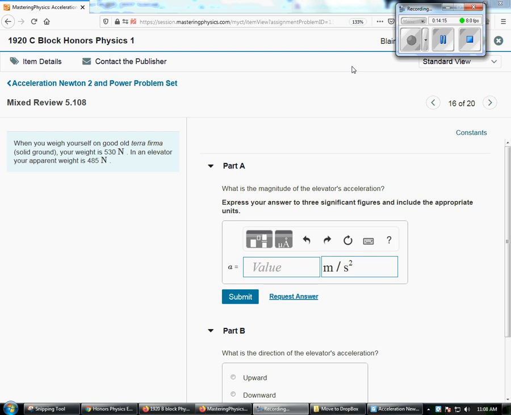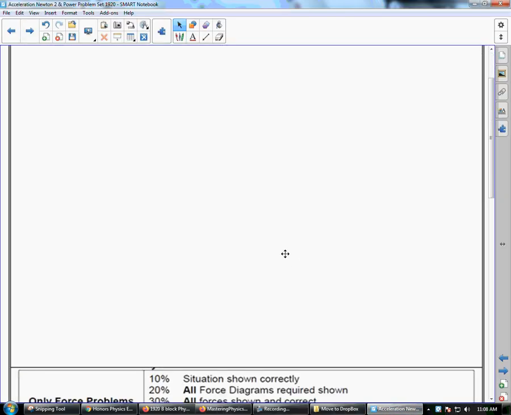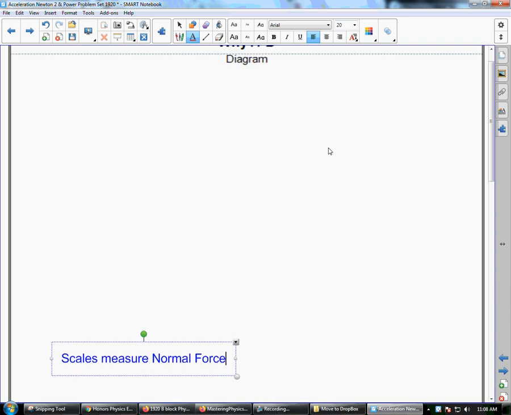So this one, rather than just a diagram, should have probably had the Y in here. So I'm going to add it in there because that's such a key point. Scales measure normal force. This is 16.